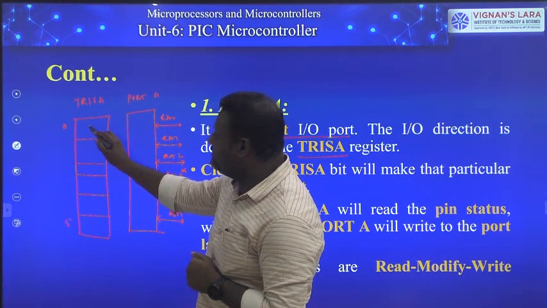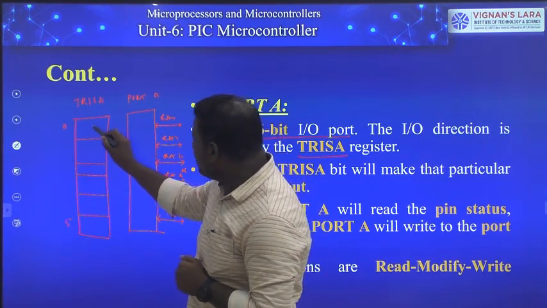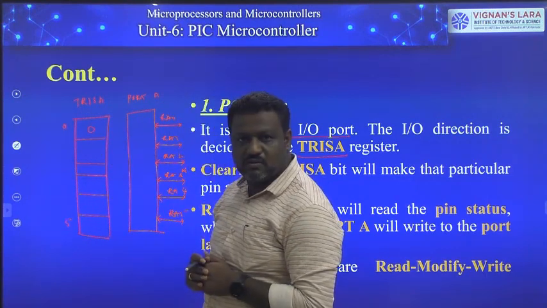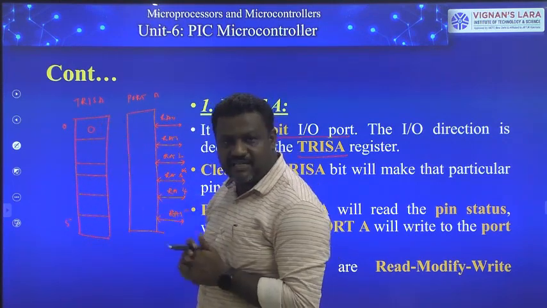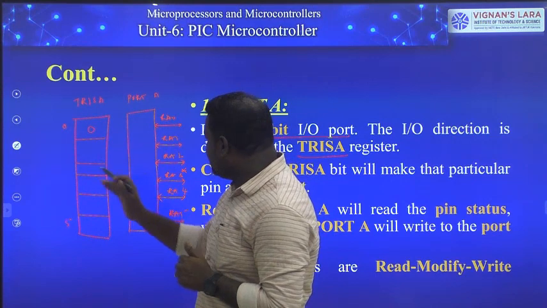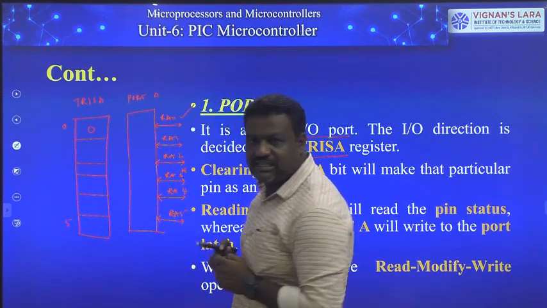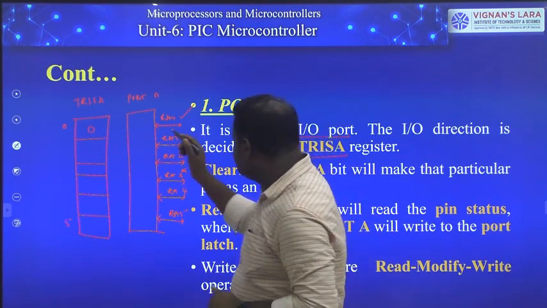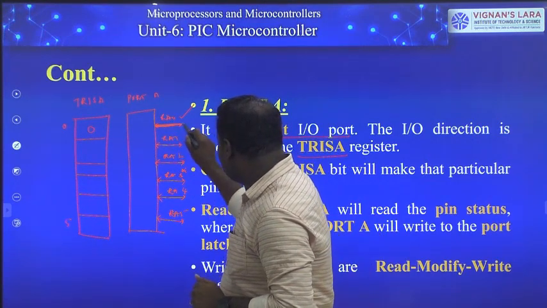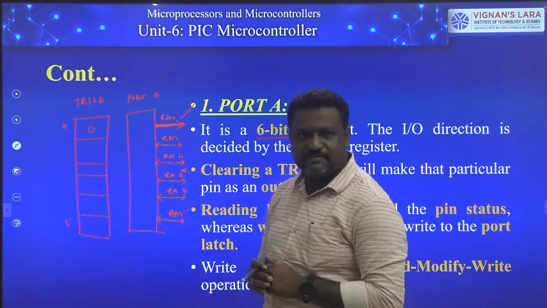By programming bit 0, that means clearing this bit of TRISA to 0, the port A signal RA0 is defined as an output signal, acting as an outward direction signal.